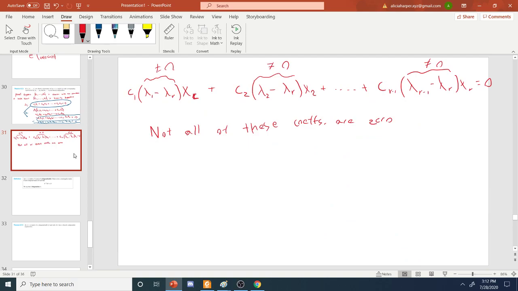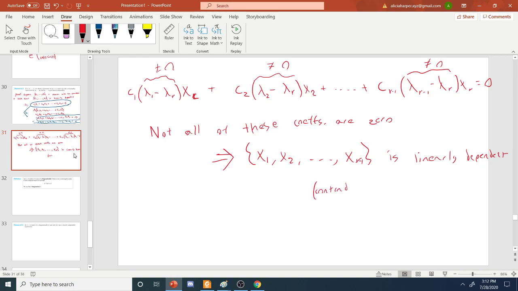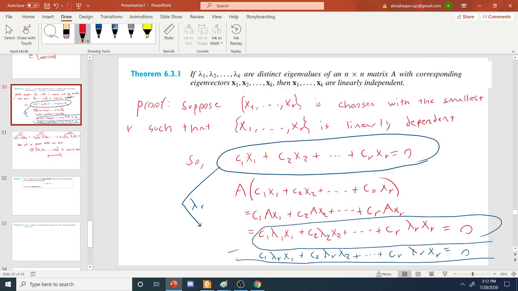So since not all of these coefficients are 0, it follows that x1, x2, all the way through x(r minus 1) is linearly dependent. And this is a contradiction, because we assumed r was chosen to be the smallest r such that x1 through xr is linearly dependent.